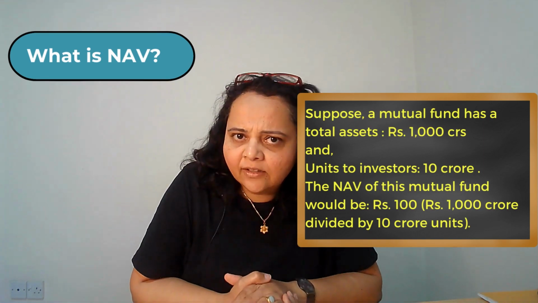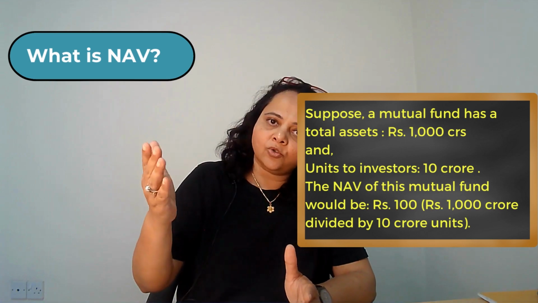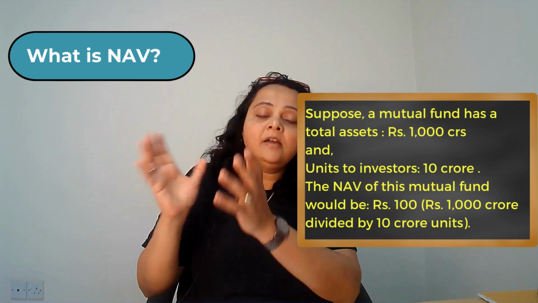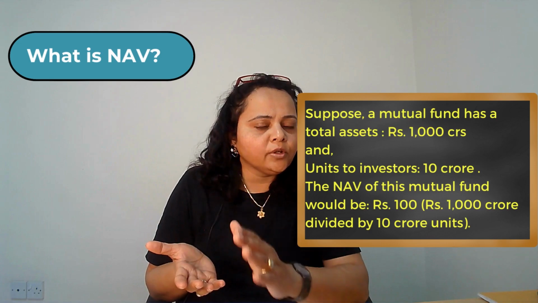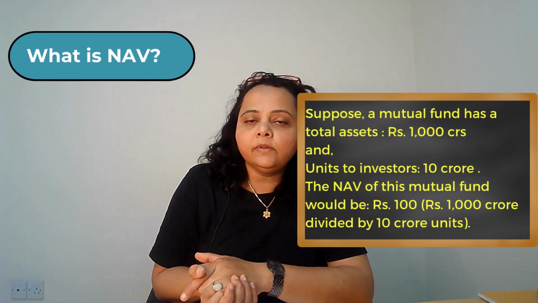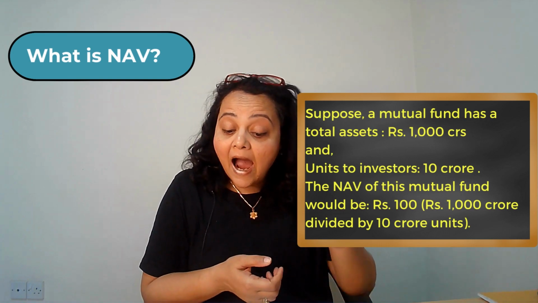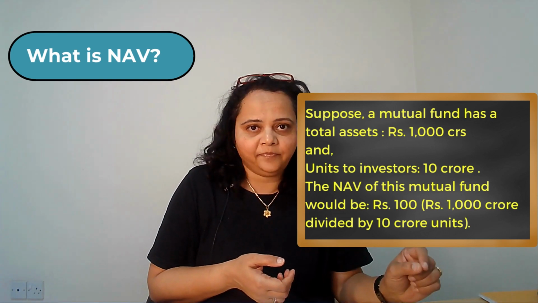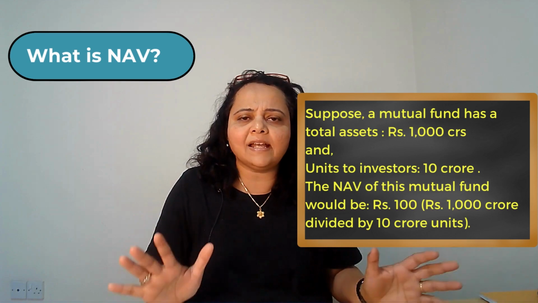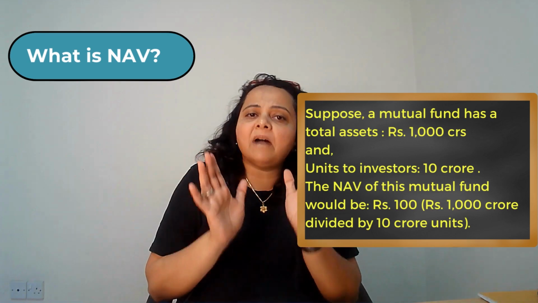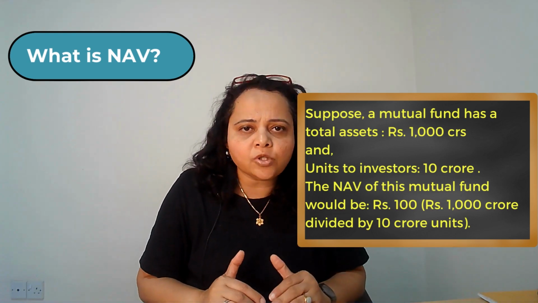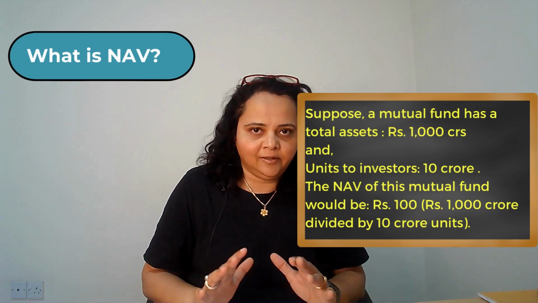So what will be the NAV? Simply divide 1000, which is the total asset, by the number of outstanding units, which is 10 crores. So you will get a net asset value of rupees 100 per share. Correct? So it is as simple as that. Divide assets minus liabilities upon the outstanding units held.